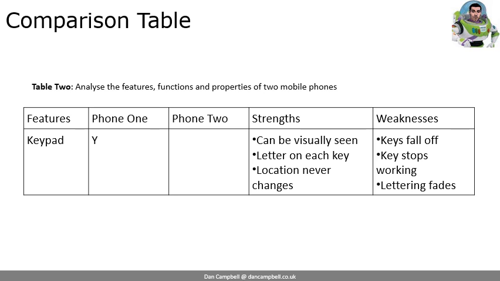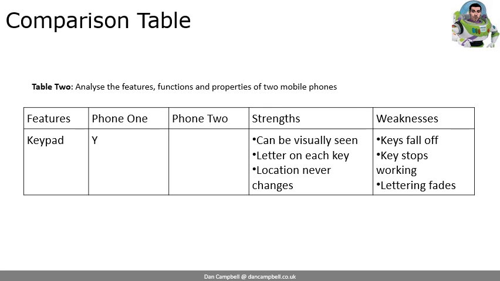And we can see here that I've identified 3 strengths and 3 weaknesses, i.e. I've made a list of 3 items in each column. Which is really important, because when we now move into the written element, we can use those 6 items to explore the strengths and weaknesses of that one feature. And this is where the marks are going to start to build up.